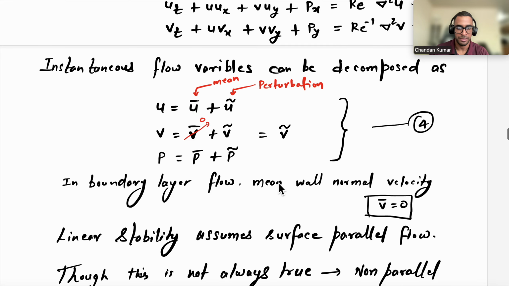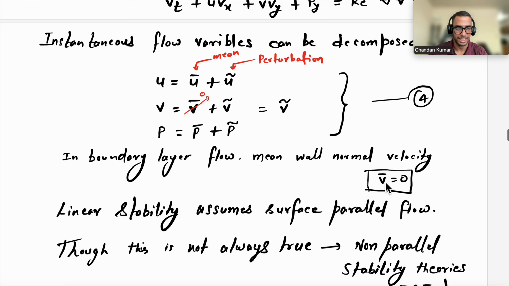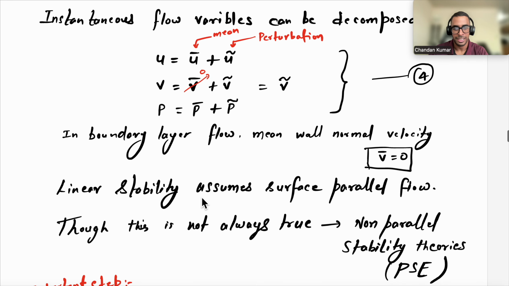In the boundary layer flow, the mean wall normal velocity is 0, so we are setting v bar as 0. The linear stability assumes a surface parallel flow, so the mean wall normal velocity will only come when there is a non-parallel flow, but linear stability assumes surface parallel flow, so we neglect it.